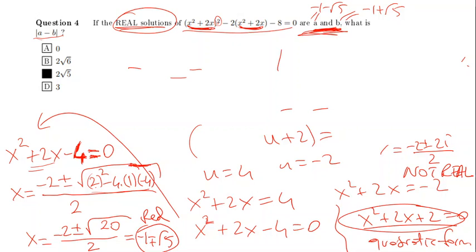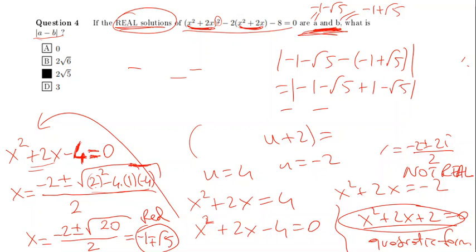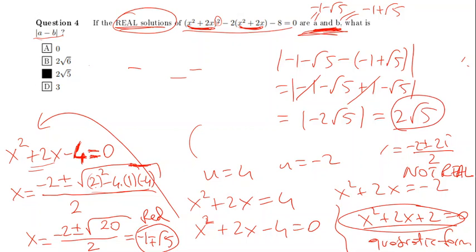So minus 1 minus square root 5 minus the quantity minus 1 plus square root 5. The 1 and minus 1 will cancel out, and we will end up with negative 2 square root 5, whose absolute value is 2 square root 5. So this will be the answer.